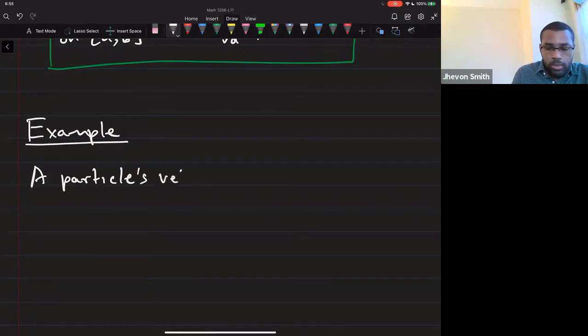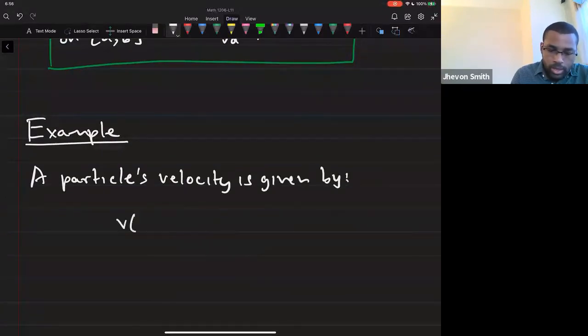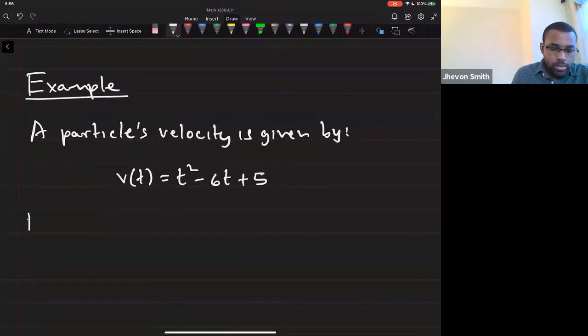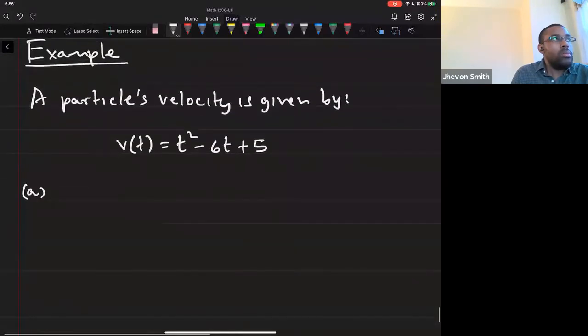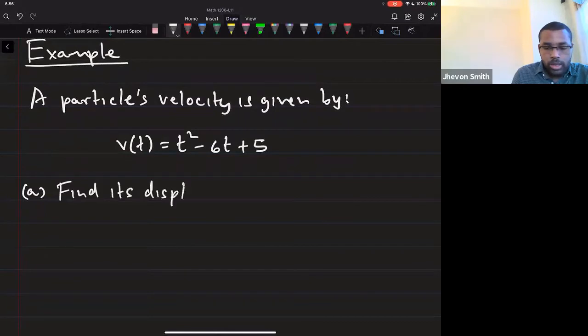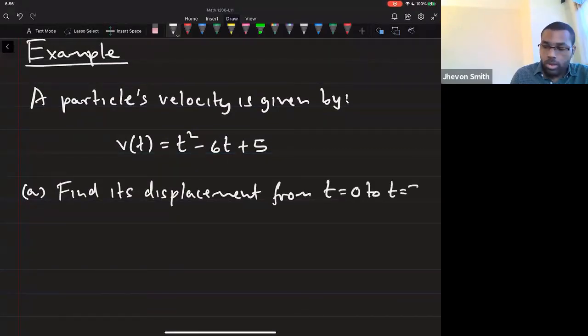A particle's velocity is given by v of t equals t squared minus 6t plus 5. Find A, its displacement from t equals 0 to t equals 3.